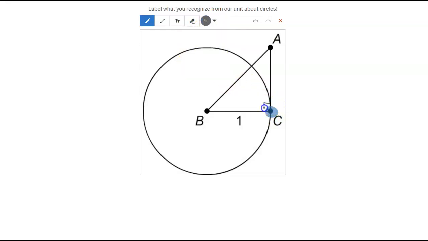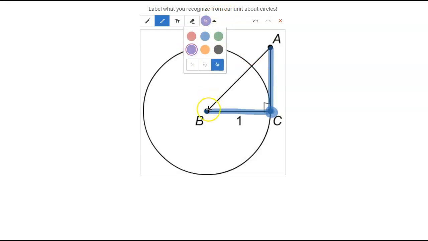So that gives us a right triangle when we use our radius. Then we have another line here, which is also a leg. And check it out, we have our hypotenuse. Now our hypotenuse is part of the radius, and then it connects to this tangent line right here.